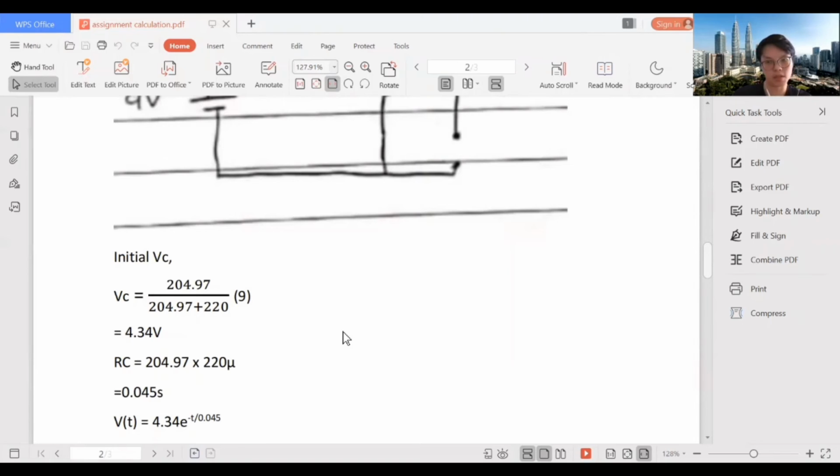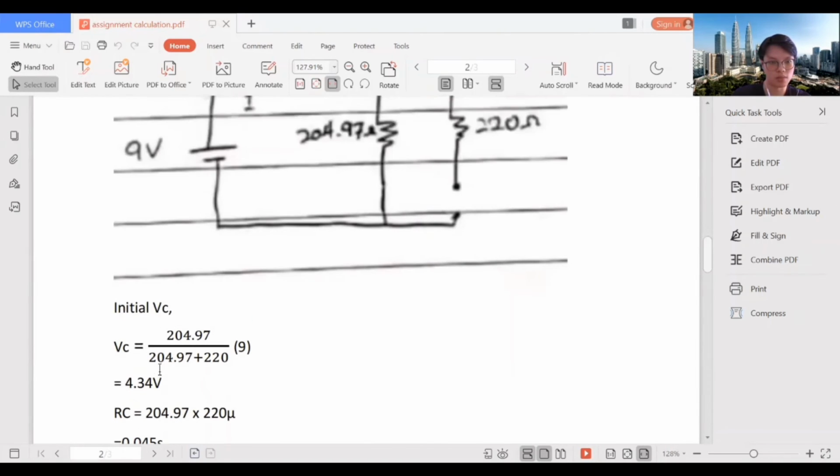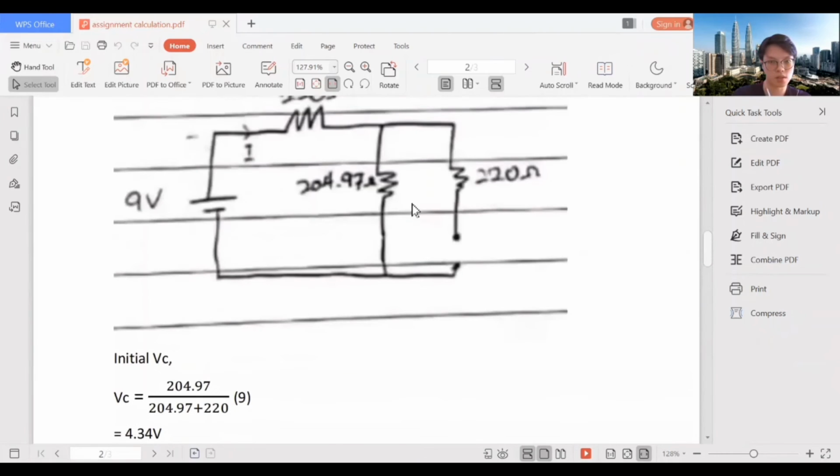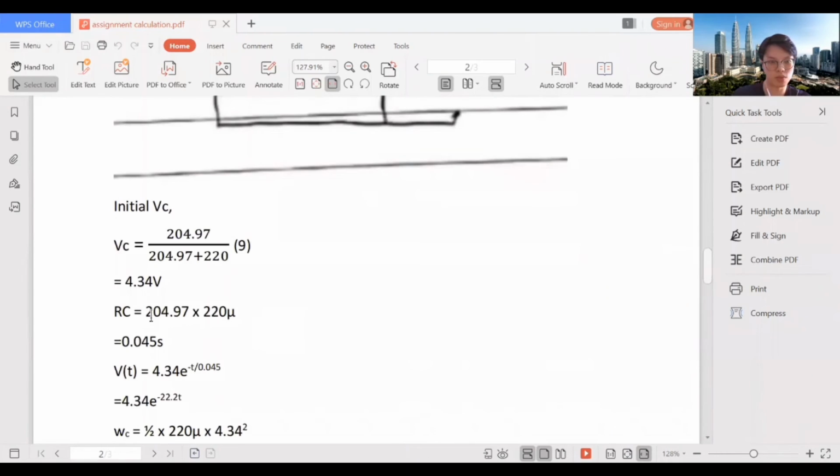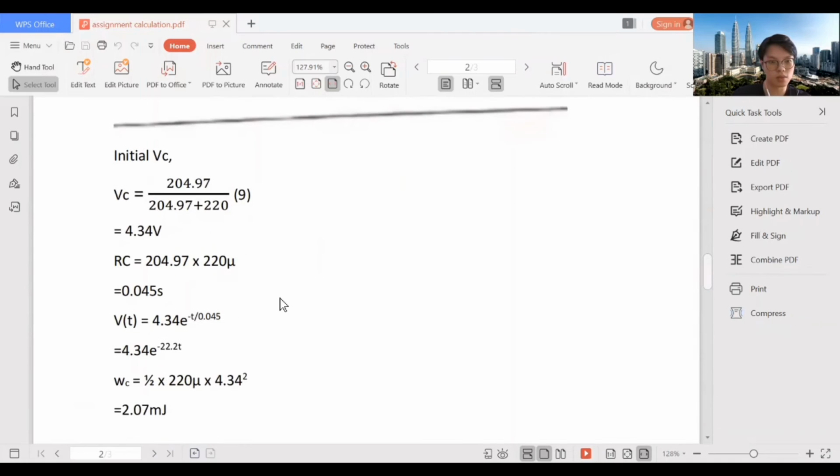After that, we can find the time constant, which uses the formula RC. So the equivalent resistance for the capacitor is 204.97 times 220 microfarad. So we get 0.045 seconds. So we can find the general equation for the capacitor.